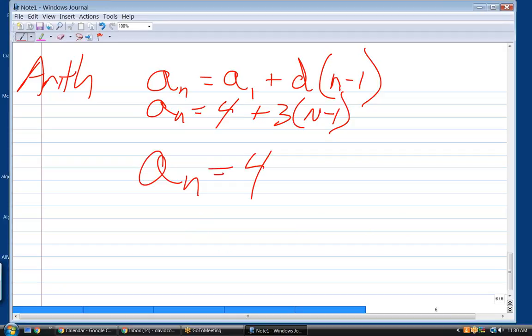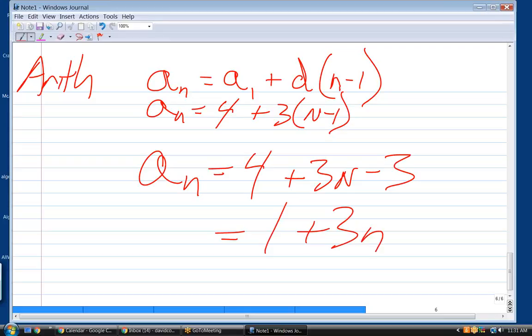Wouldn't it be a sub n equals 4 plus 3 times n minus 1? Well, it's plus 3n minus 3. Oh, yeah, you got to distribute the 3. So it's 1 plus 3n. That's going to be the explicit, specific formula for that sequence only.